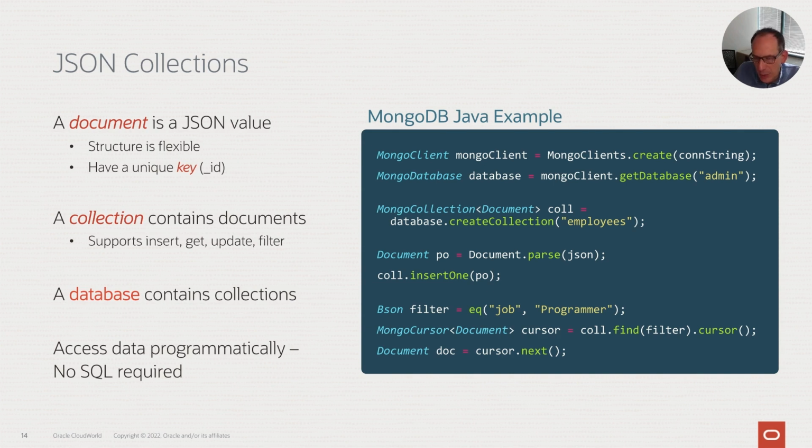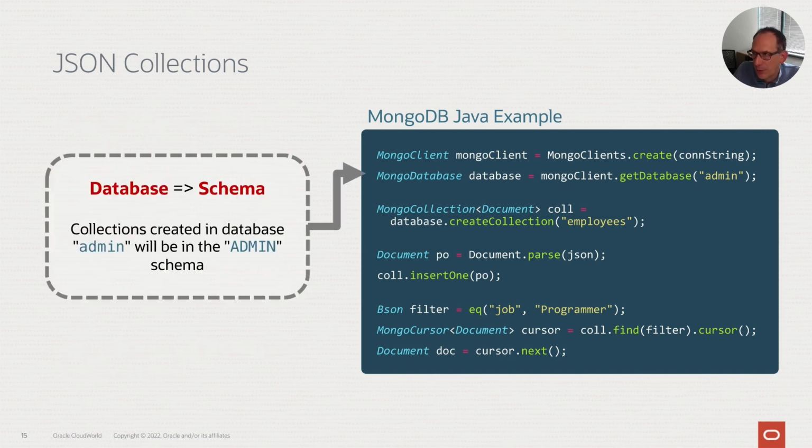And I can use that without ever having to write a single line of SQL, because for simple operations like find or filter or insert, there are implementations directly in my programming language. In Java, I just do an insert one and insert my data, or I do a collection find. So it's very short and very readable.